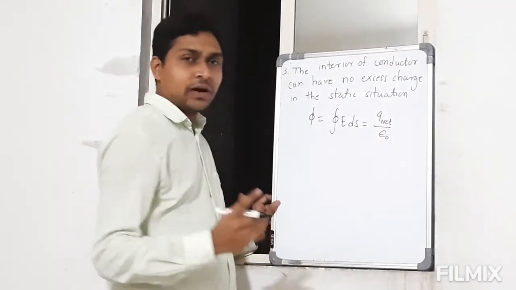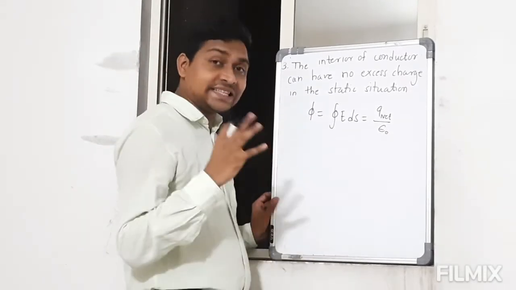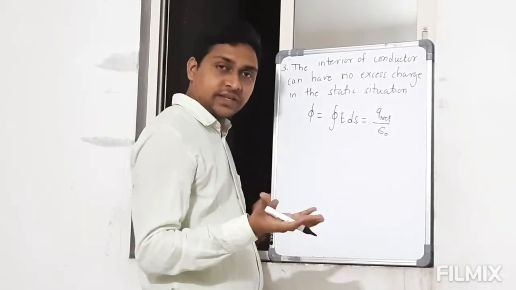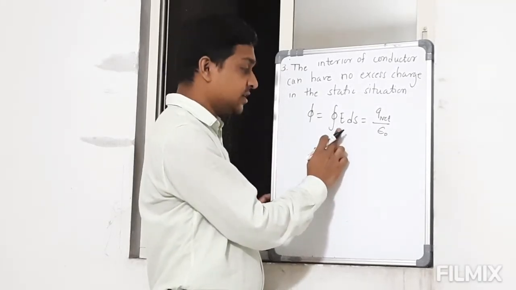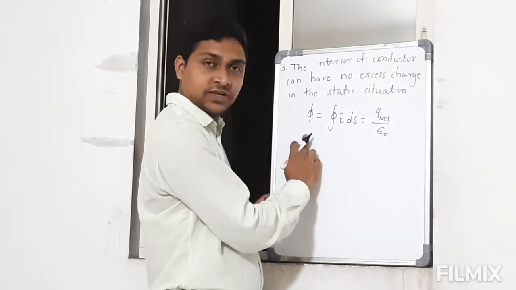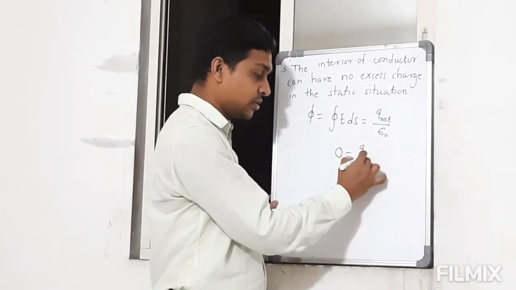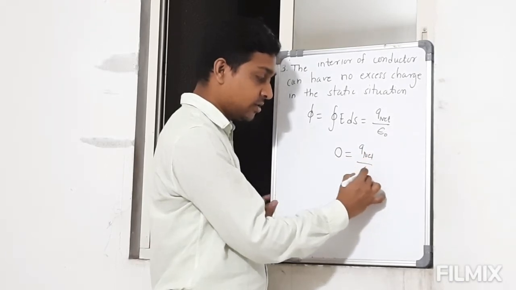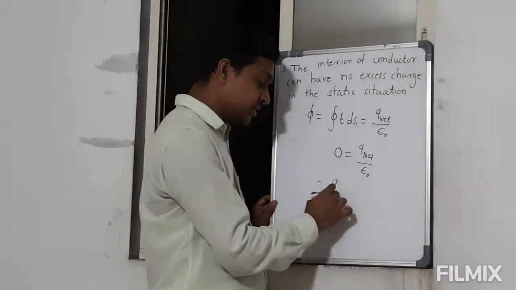According to the first property, the electrostatic field inside a conductor is always 0. If E is equal to 0, E dot ds is 0, meaning flux will be 0. So inside a conductor, 0 is equal to Q net upon epsilon naught. Therefore Q net is equal to 0.